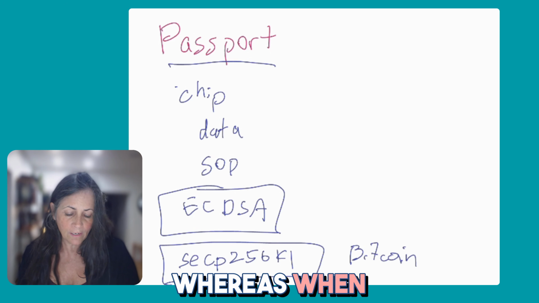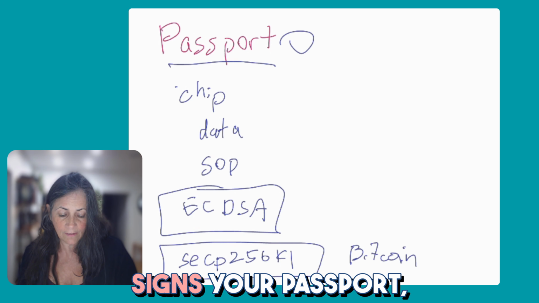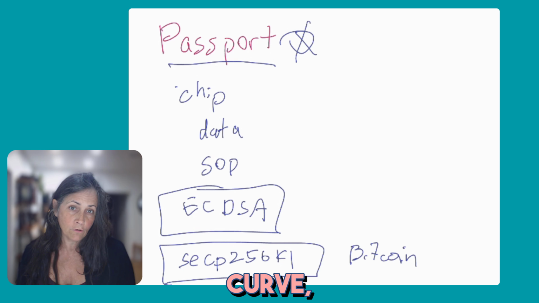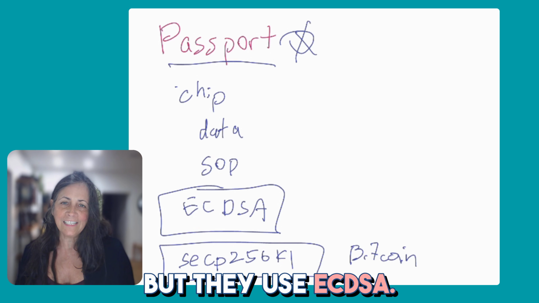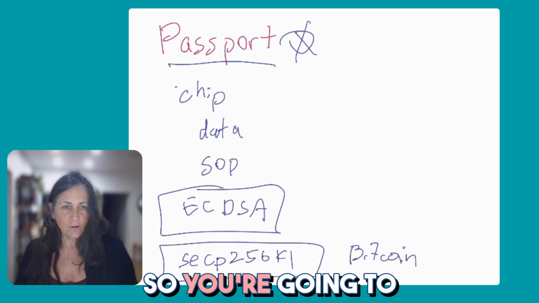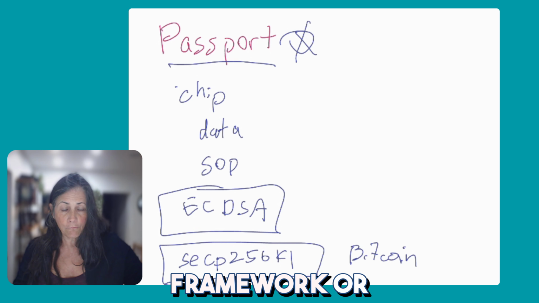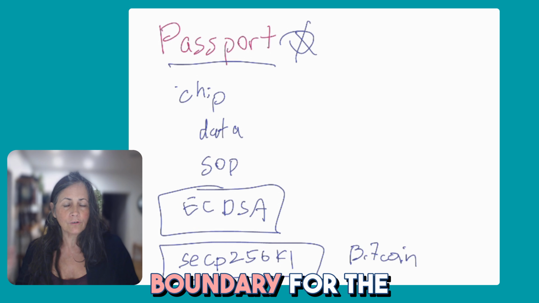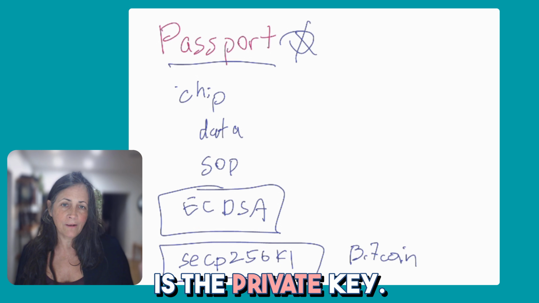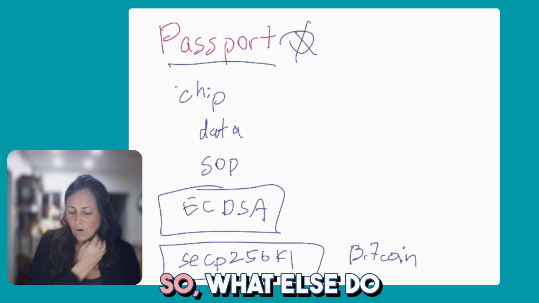Whereas when the government signs your passport, they use a different curve, but they use ECDSA. It's just a different type of curve. So you're going to have a different framework or boundary for the random number that is the private key.